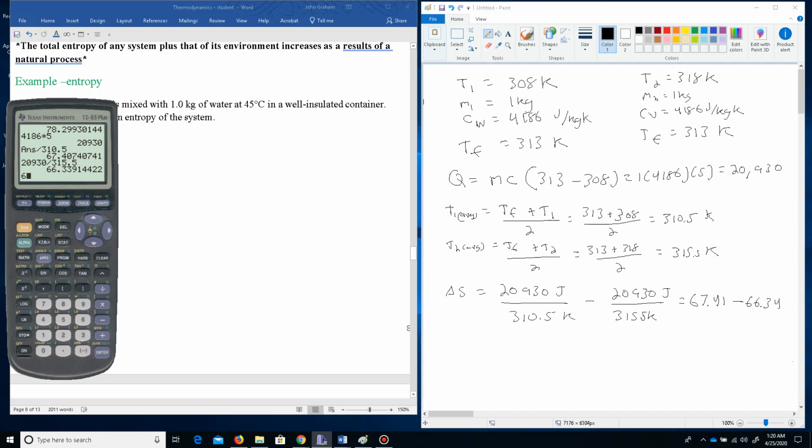So we get 67.41 minus 66.34 gives 1.07. And that's our delta S.